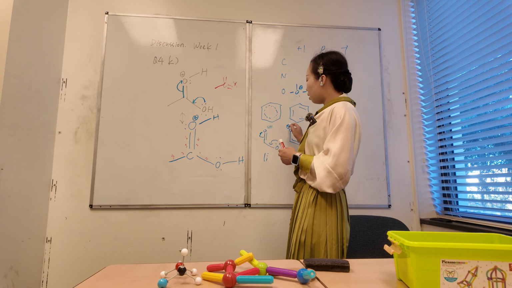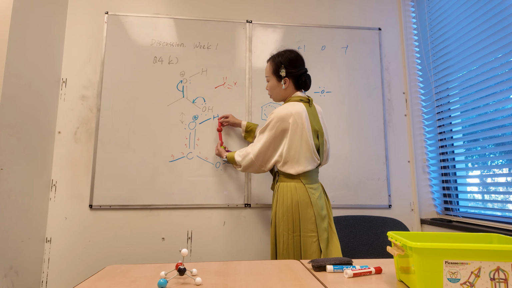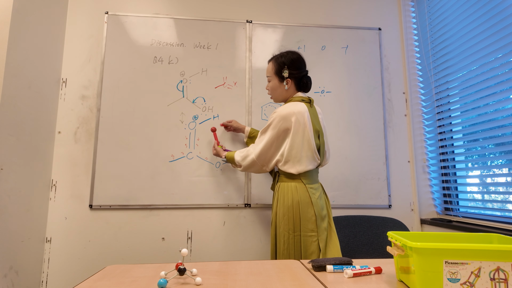The fact of resonance, I kind of went over that in the previous office hour as well. The fact of resonance is you have one negative charge that keeps jumping here by bringing the double bond into here and bringing it back.